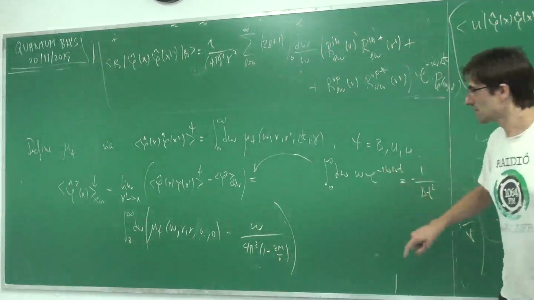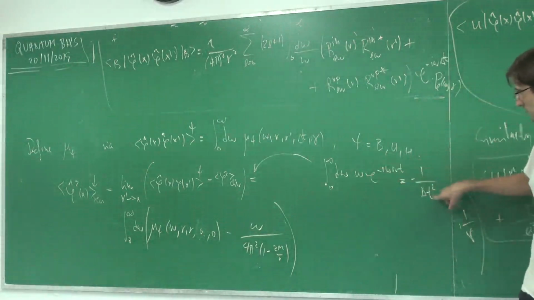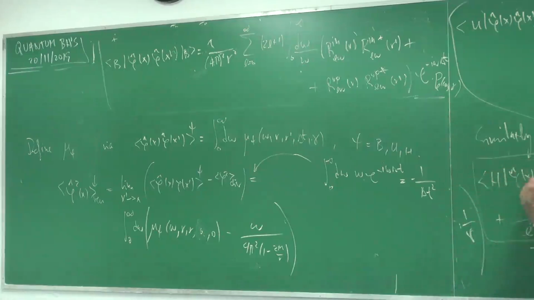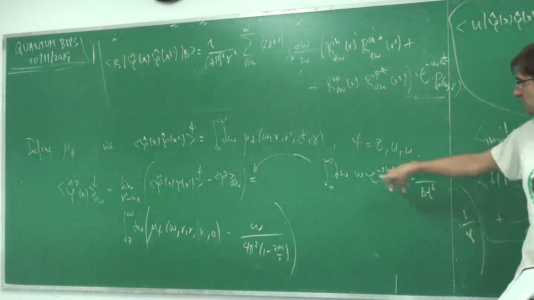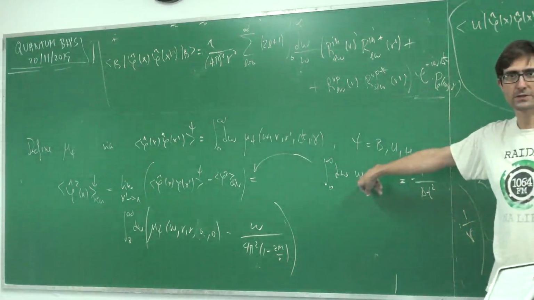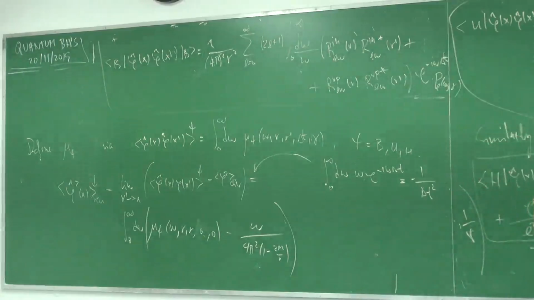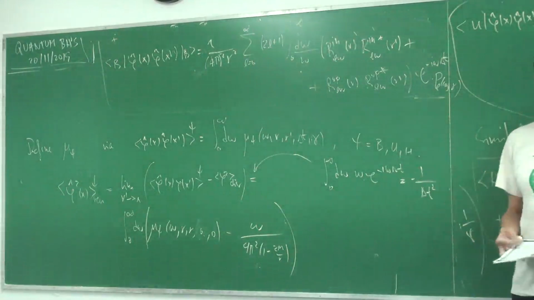As I say, this shows that the coincidence limit divergence of phi squared is an ultraviolet divergence, that this integral diverges for large omega whenever delta t is non-zero.